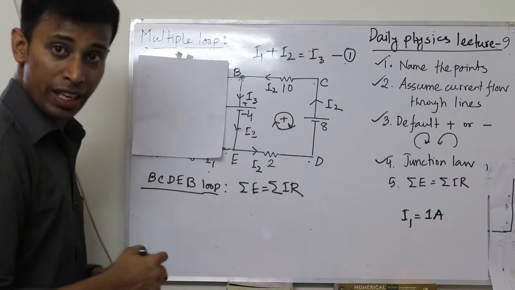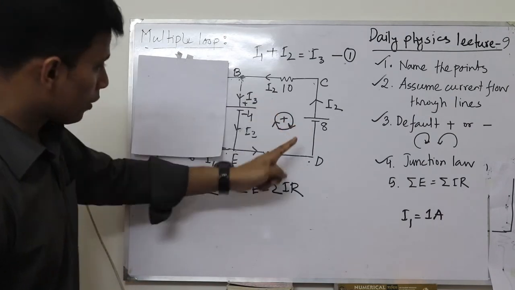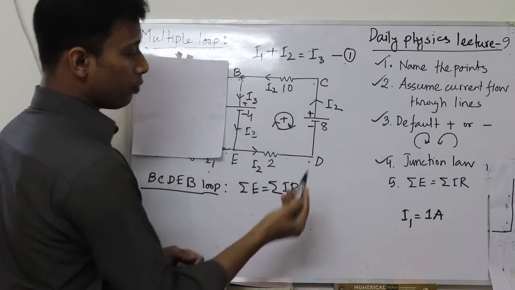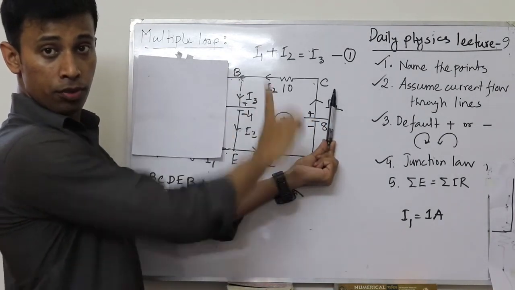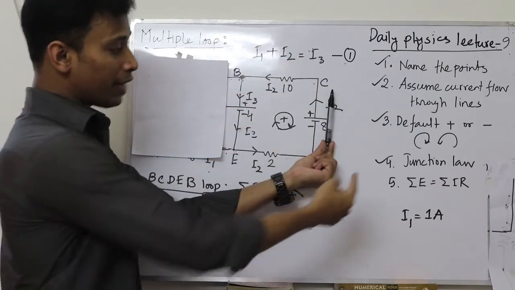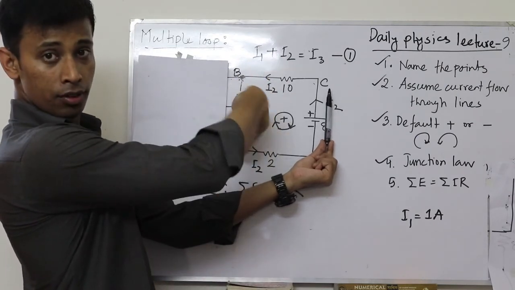So let's go through the EMFs. For this 8 volt, that means this cell, that's a positive and that's a negative. So this should be the direction. We know the direction of a cell is from negative to positive. It always moves through the positive. And our default positive is clockwise, right? Clockwise means this.